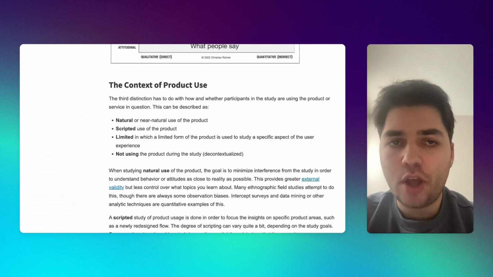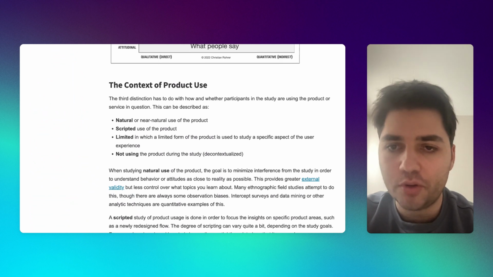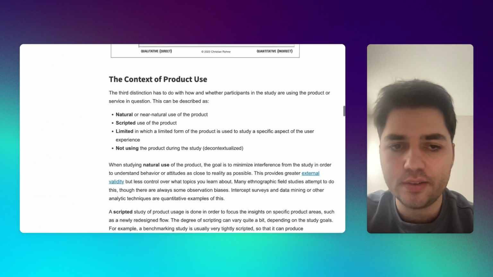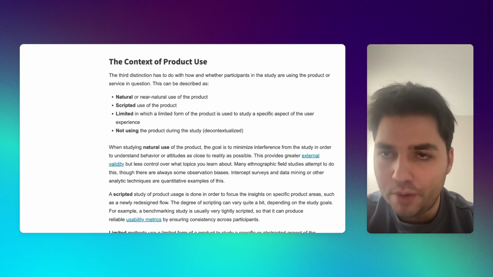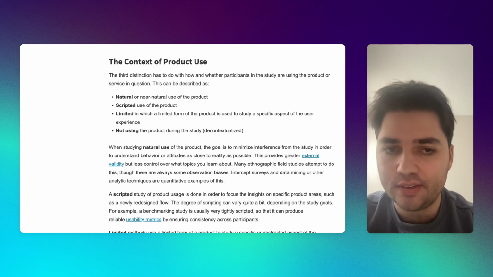A natural context is used when you want to see what people do in their most natural habitat, so you would use it when you do ethnographic studies. For a scripted study, you would script it so that you are looking at a specific area, or you may want to reproduce consistency.